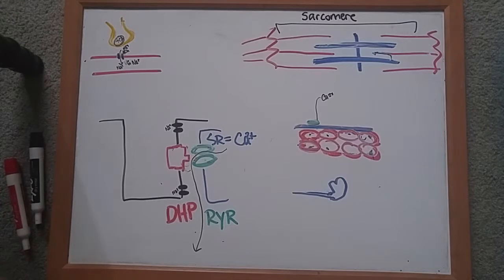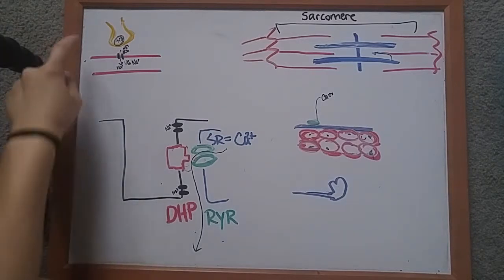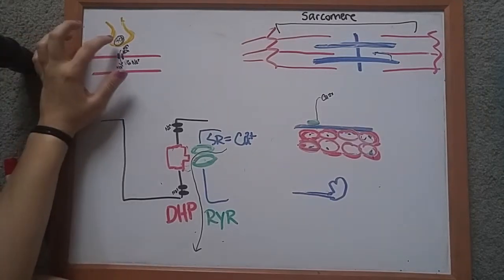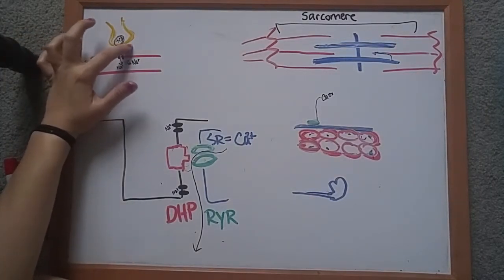And of course, when the muscle is ready to stop contracting, it goes all the way back to this neuron innervating this muscle fiber. So when the muscle is ready to stop contracting, acetylcholine will stop being produced.